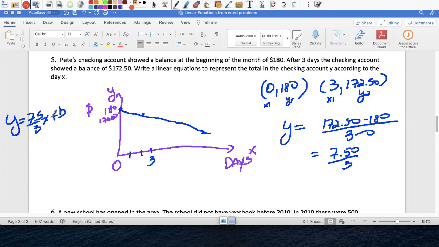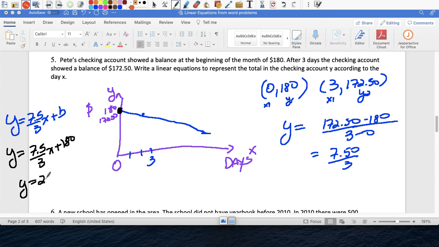But guess what? In this particular problem, we don't need to select a point to find b. Do we already know what the y-intercept is? Y-intercept is right here. This line crosses the y-axis, so it's actually y equals negative 7.5 over 3x plus 180. And actually, 7.5 divided by 3, sorry, I should have just simplified that to 2.5.